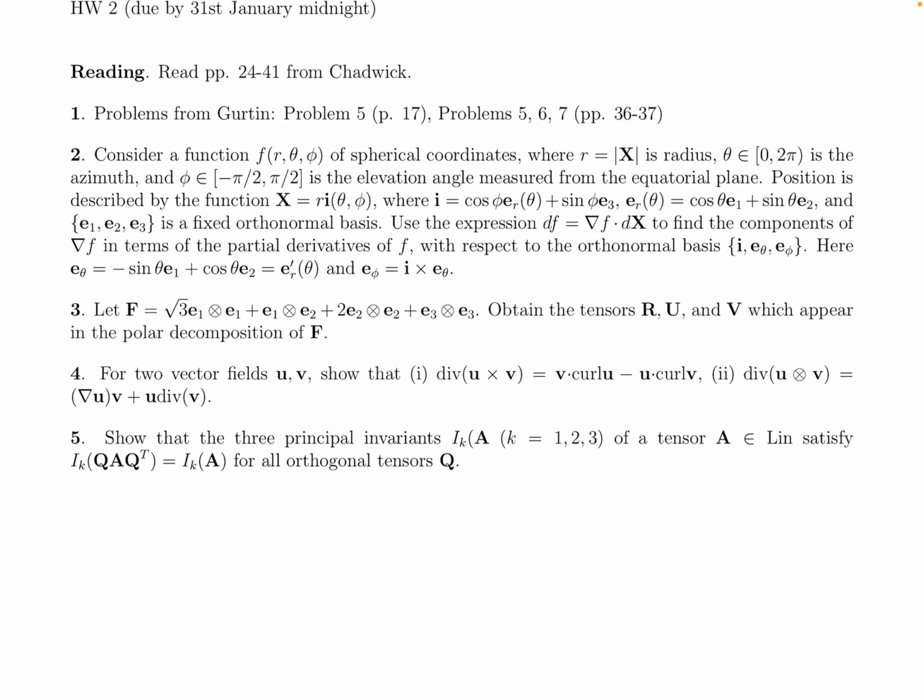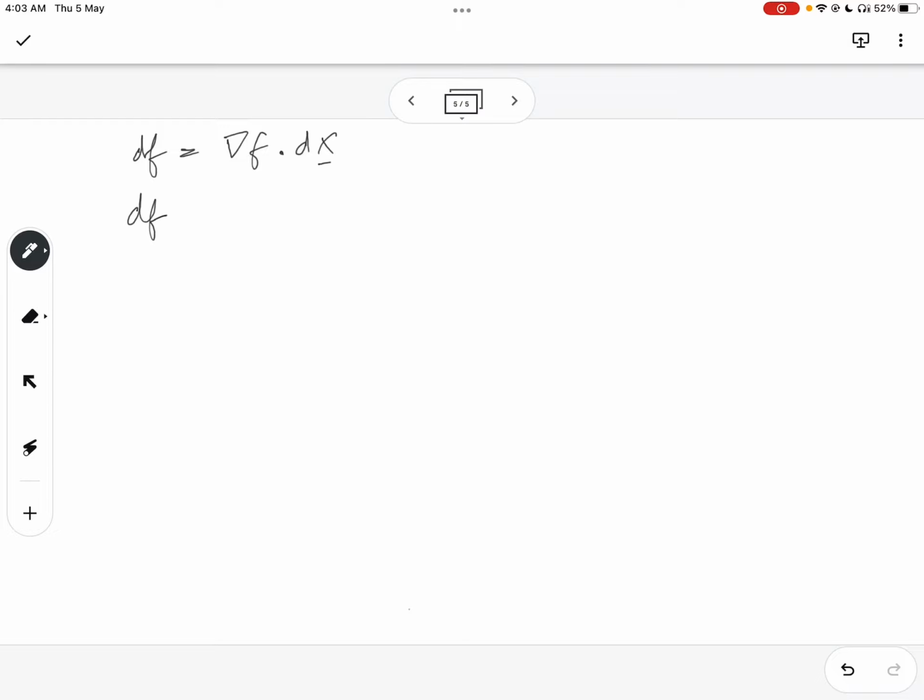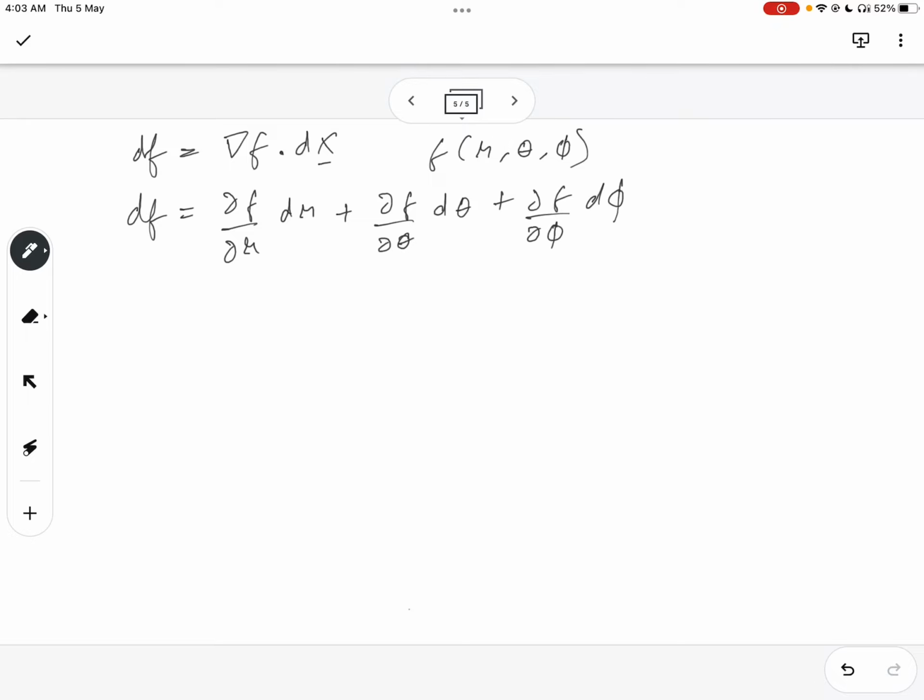So df is given as del f dot dx. So df can be written, f is a function of r, theta and phi, as del f by del r dr plus del f by del theta d theta plus del f by del phi d phi. Now what is dx?